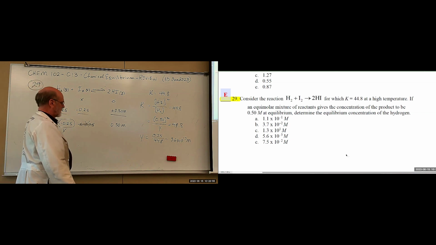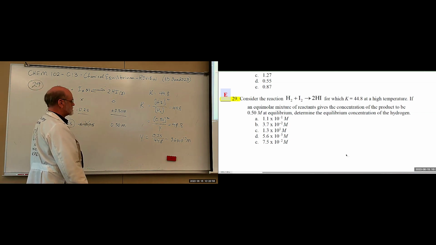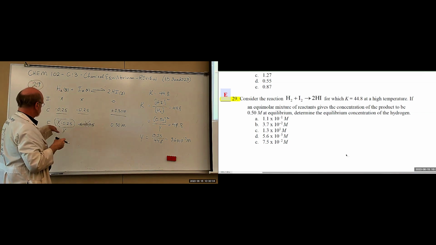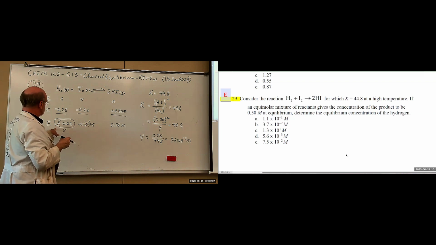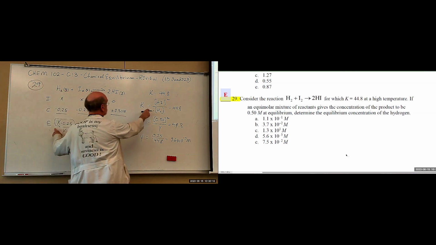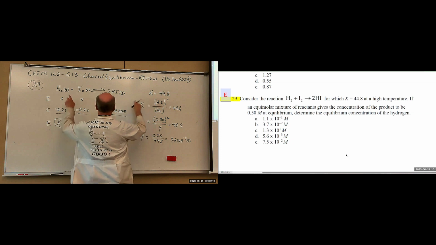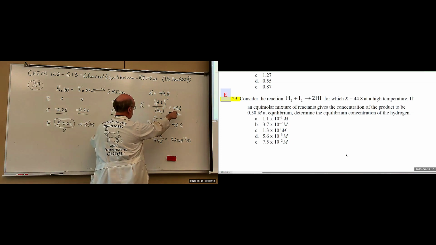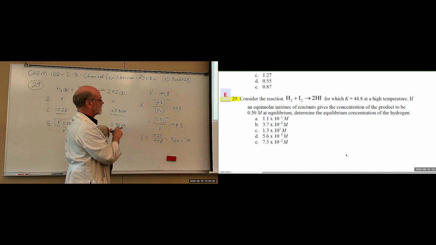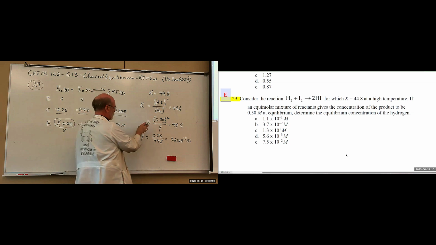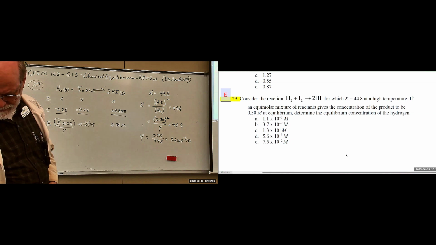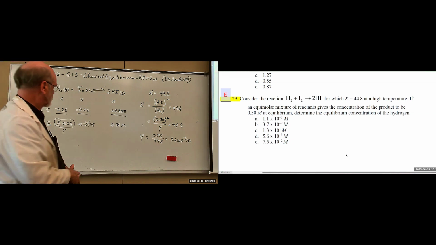Oops. What did I do wrong? Determine the equilibrium concentration. Did I write this correctly? Squared divided by this one, 44.8. We know that this concentration is 0.5, correct? The concentration of the product is 0.5 molar. So 0.5, let me see if I did it right in my calculator. 0.5 squared, yeah, 0.25.